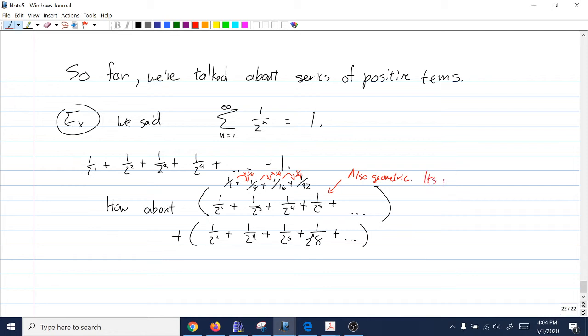Its sum is first term over 1 minus r, or I guess I should note that r is 1/4, does have absolute value less than 1, so it does converge. And the thing it converges to is first term over 1 minus r, which is 1/2 over 1 minus 1/4. That's 1/2 over 3/4. That's 1/2 times 4/3, which is 2/3.